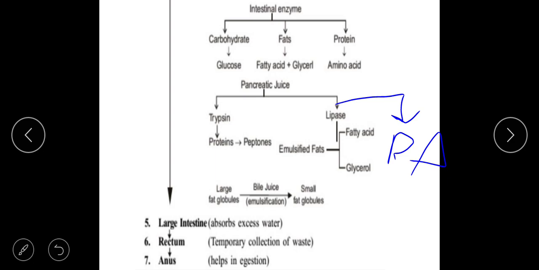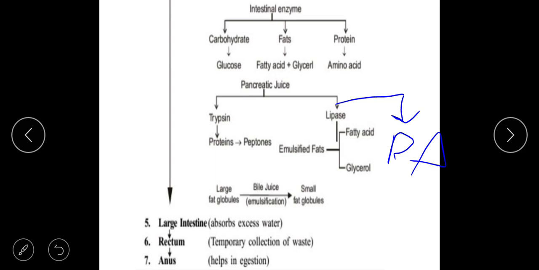And lipase converts the emulsified fats. I have already told you about the emulsion. The very fine particles of the fats are broken by lipase into fatty acids and glycerol. All these components are then finally absorbed by the body.